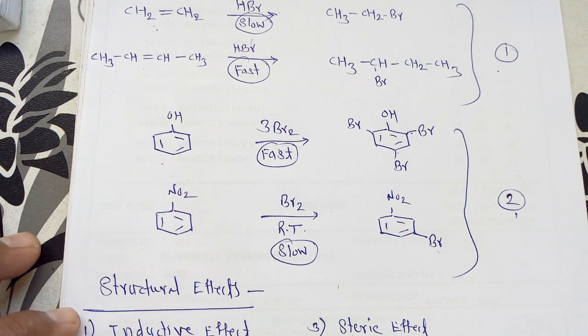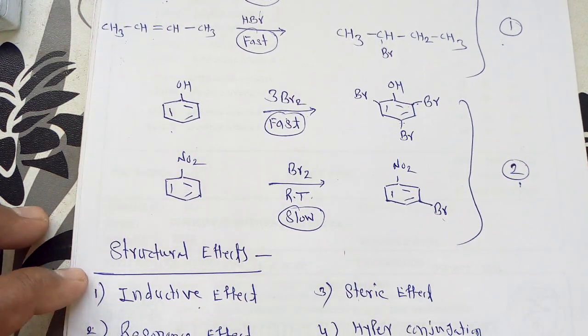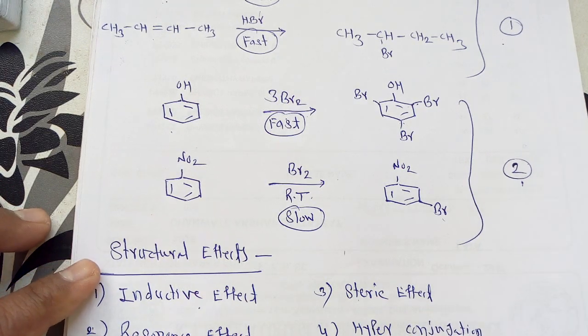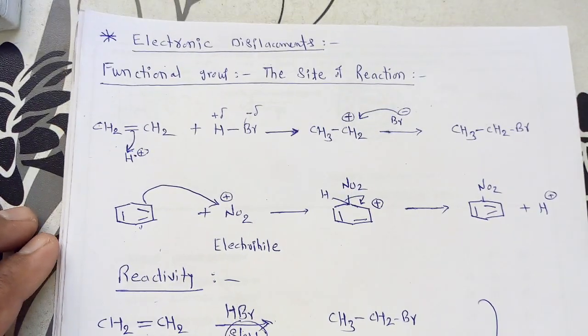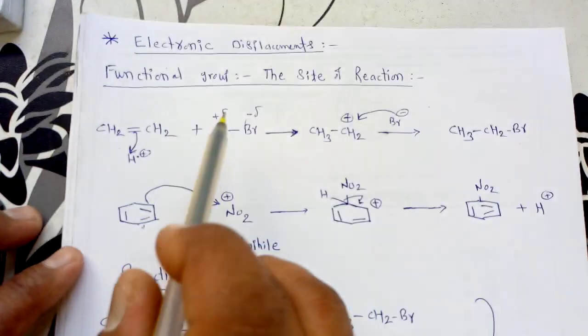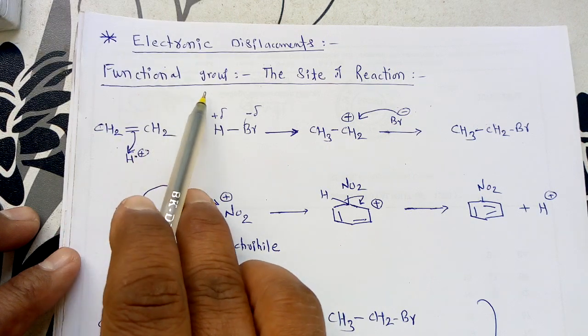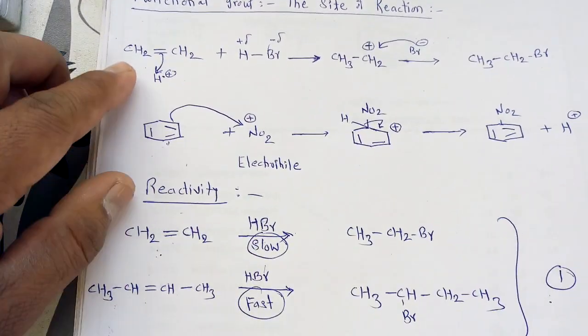Now these structural effects we will study in detail in the next lecture. Before that, in today's lecture we started the simple and important point from this chapter, that is electronic displacement, in which we discussed the functional group, that is the site of reaction of organic molecules. For this purpose we took some simple chemical reactions.